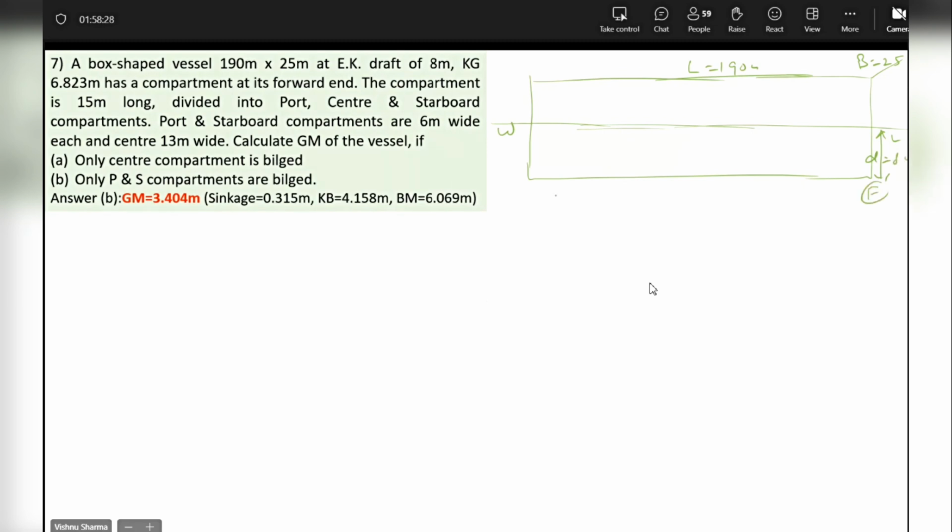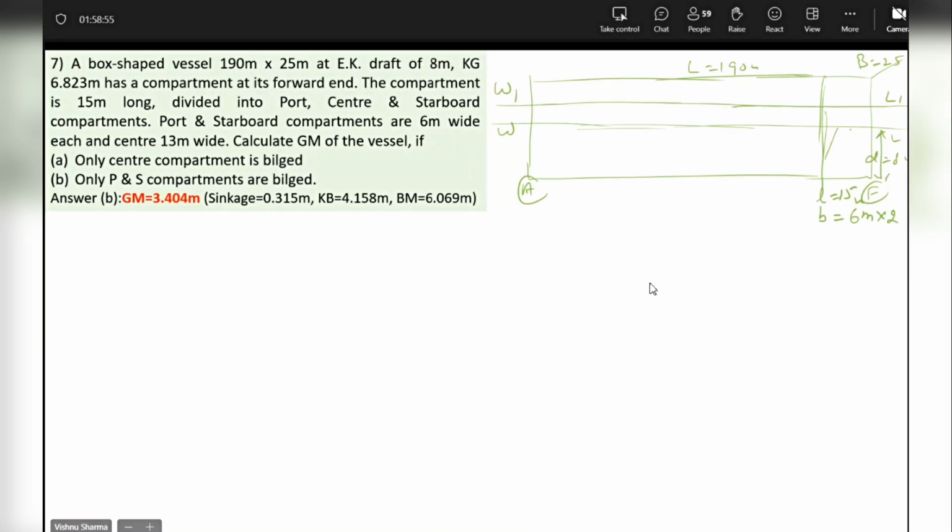Forward end, aft end, compartment here. Length 15 meters. For part B, I have two compartments, each one of them 6 meters. So what am I writing? 6 meters into 2. That means there are two such compartments. Vessel will sink to a new water line, W1 L1.